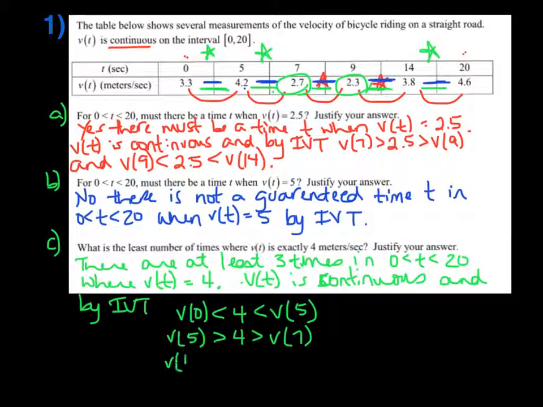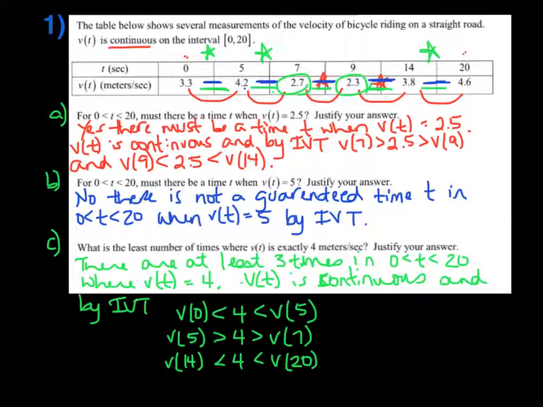So v(14), which is 3.8, which is smaller than 4, which is smaller than v(20), which is 4.6 meters per second. Okay, so that then is our answer. We've again answered at least 3. We've given a reason because it's continuous by the IVT, and we've given our 3 intervals.